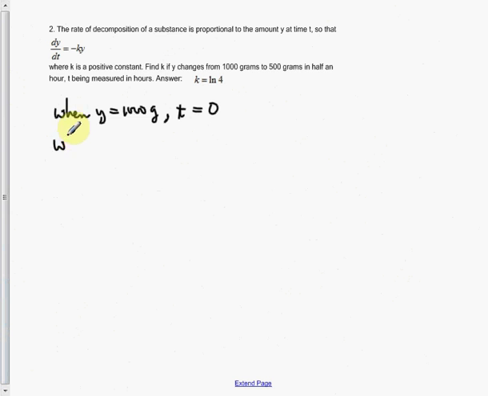And then when y is equal to 500 grams, here it says in a half an hour, so t is equal to, you could use 1/2, if you will. Time is in terms of hours.